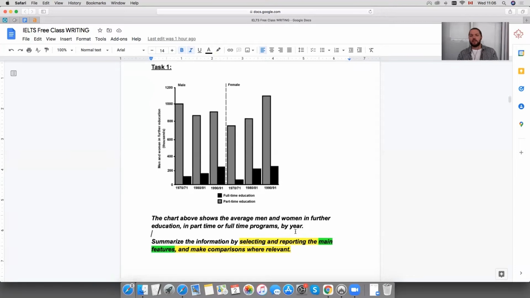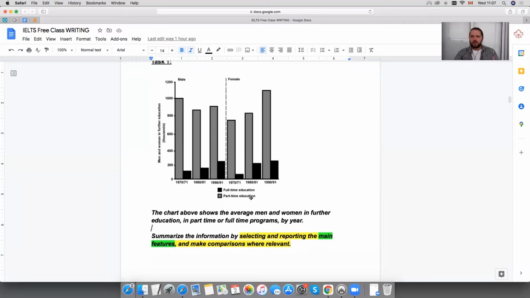We want to explain it as if the person who is reading our answer has not seen the chart. So we should be able to say that we're talking about men and women between the years of 1970 to 1990 in full-time compared to part-time education, and the interesting things that we see in that data.